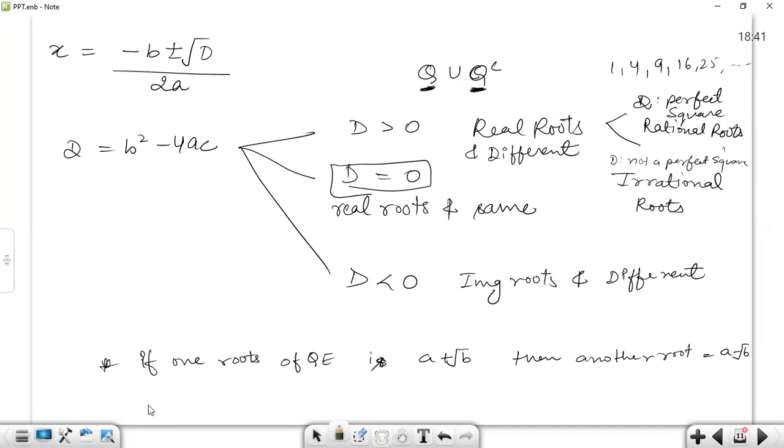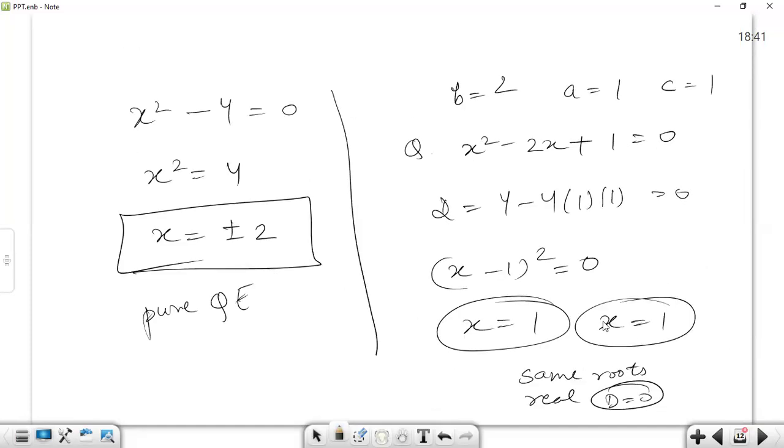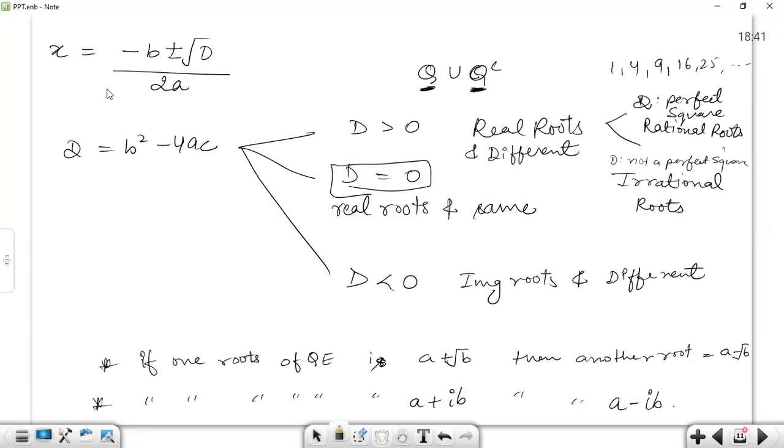And if one root of a quadratic equation is a plus iota b, I have discussed complex numbers earlier, remember, then the other root will be a minus iota b. So even if only one root is given, we can simply find the other root. Understood? This page is really important.